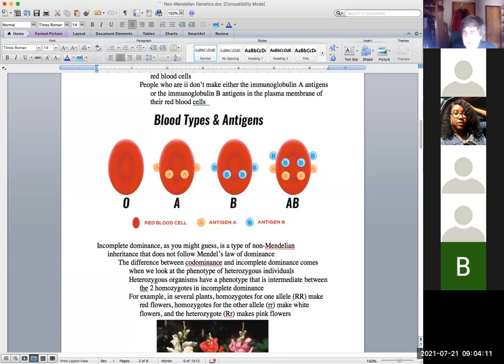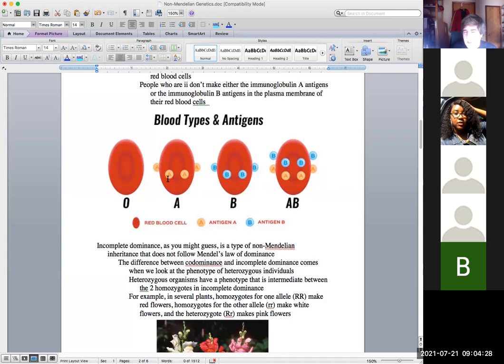So let's look first of all at blood types, because blood types really violate Mendel's laws in 2 different ways. First of all, if we look at what's called the ABO blood type, there are 4 different blood types within this system.